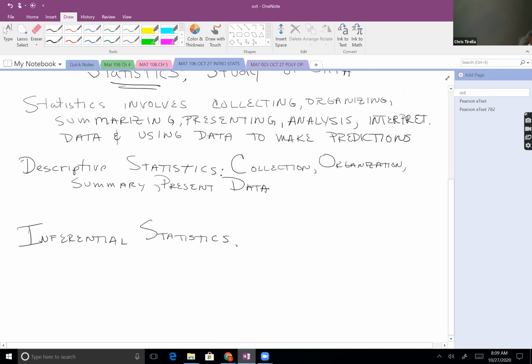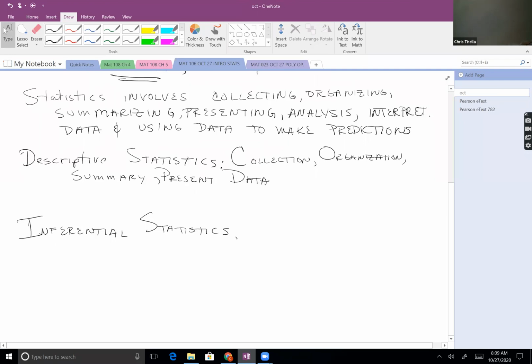It's gathering the data and putting it all together and trying to make it look nice, make it have some sort of meaning. Inferential statistics is when we generalize and use the data to draw conclusions.